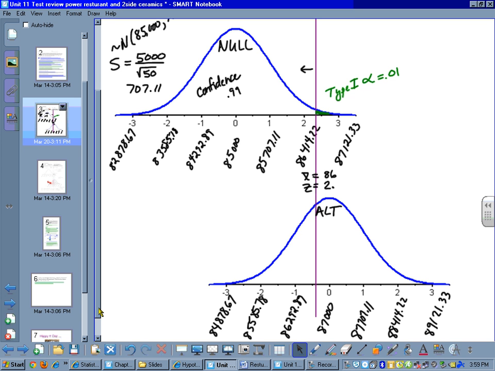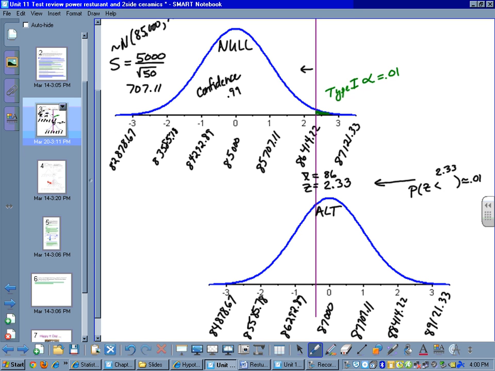And when I use my table to do that, I find that the probability that Z is less than, I find 2.33 to be the answer if I look up 0.9900. If I'm looking at 0.01, I get negative 2.33. So since I'm over on this side of the graph, I need the positive.